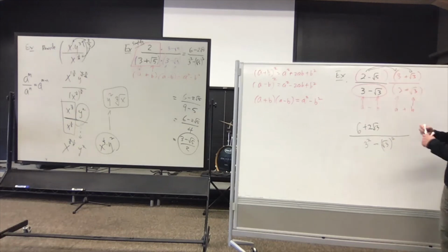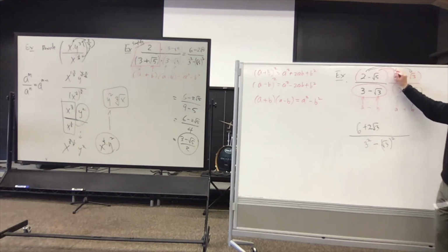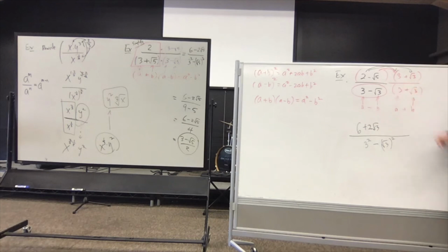And then negative square root of 5 times 3 is negative 3 square root of 5. And lastly, negative square root of 5 times positive square root of 3, right, is negative square root of 15.